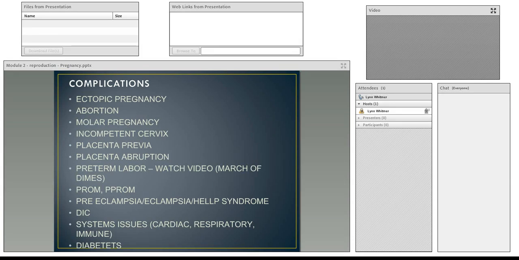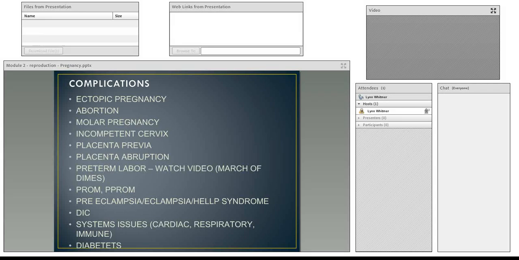PPROM is preterm premature rupture of membranes. So she is rupturing her membranes before she labors, but she's also too early in her pregnancy. Both come with some complications that we'll talk about, and the biggest complication to rupture of membranes is infection, because now there is no barrier of any kind, and this baby is wide open to the external environment.